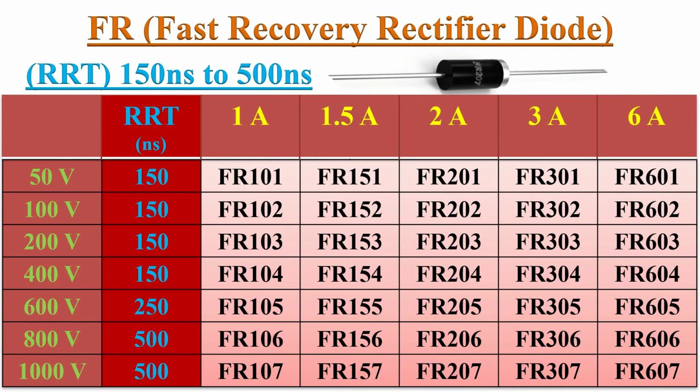Commercially available FR diodes' current and voltage ratings and their corresponding reverse recovery time are shown in this table. For example, FR203 is a 2 ampere, 200 volt diode with a reverse recovery time of 150 nanoseconds.